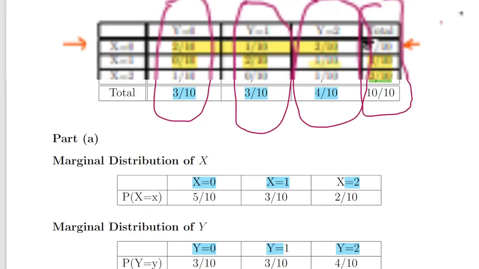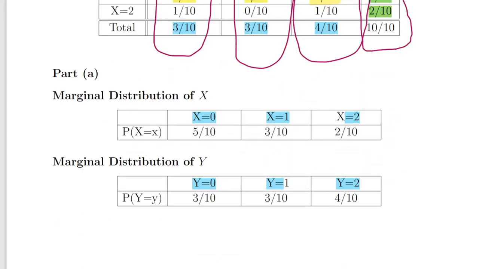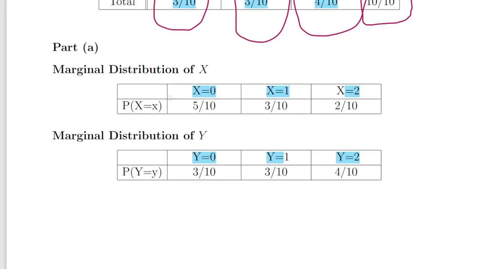When you're putting down an answer like that, don't just do the row totals and column totals. That's fine as showing your calculations, but you do need to put in a little statement about what the marginal distribution of x and y is. And even then, put a bit more work into it than I'm doing, a bit more of a description. Anyway, I'm just digressing there.